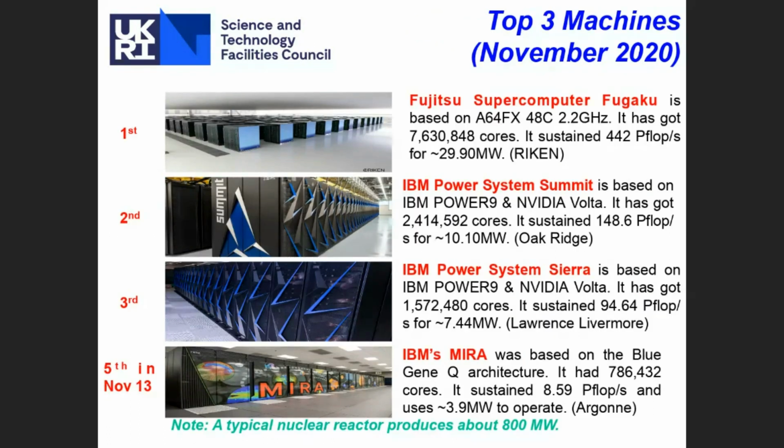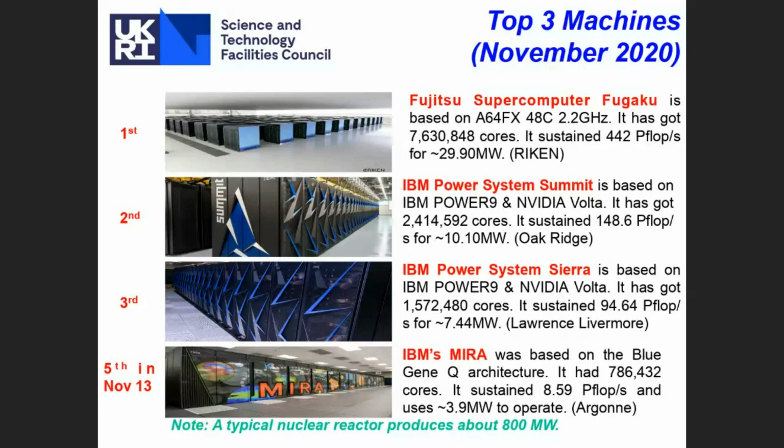So the top 3 machines in November 2020. The trend to go for exascale, until a couple of years back, was to add GPUs to CPUs, or several GPUs or accelerators per node.